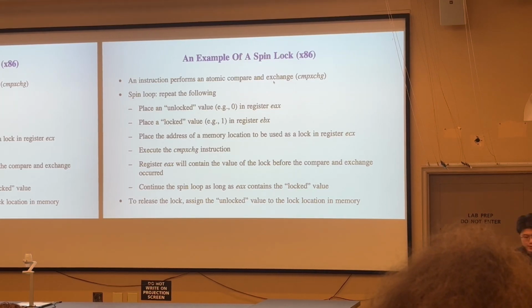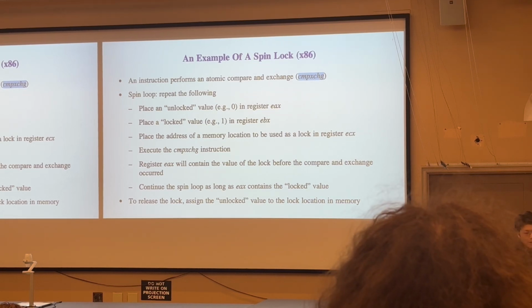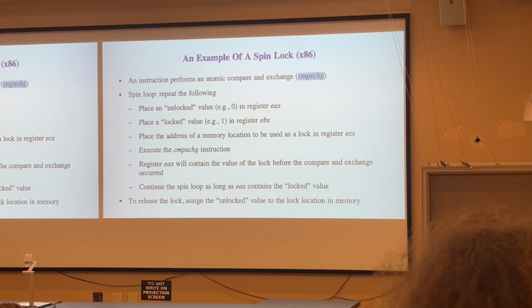On x86, an instruction performs atomic compare and exchange. This is compare exchange, a special hardware instruction that compares a pair of values and exchanges them atomically. The spin loop repeats the following. Place an unlocked value, 0, in register EAX, and place a locked value, 1, in register EBX, and place the address of a memory location to be used as the lock in register ECX.